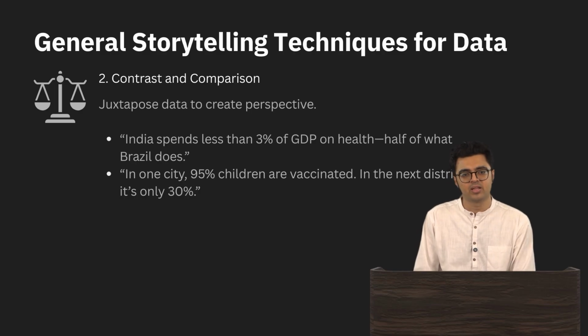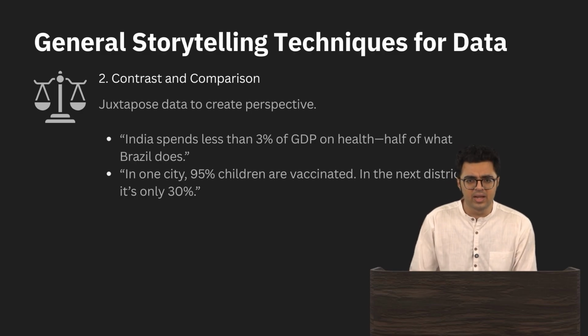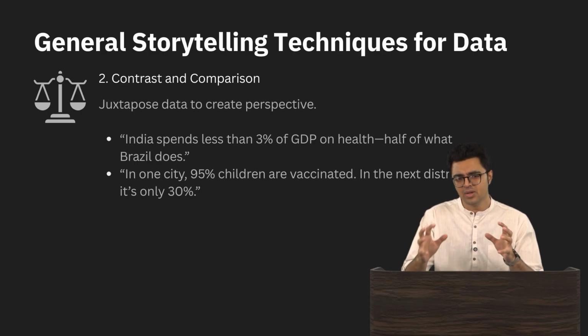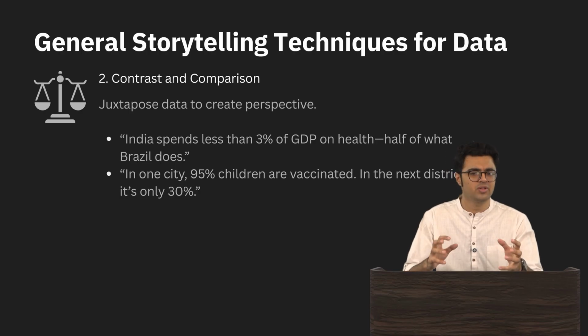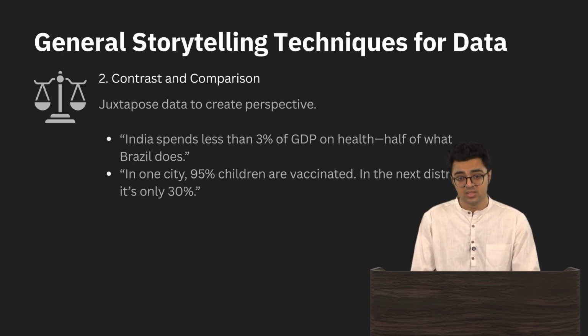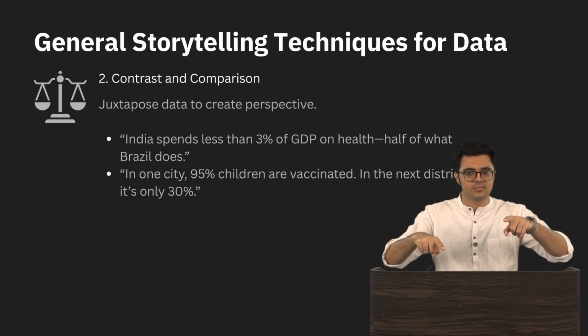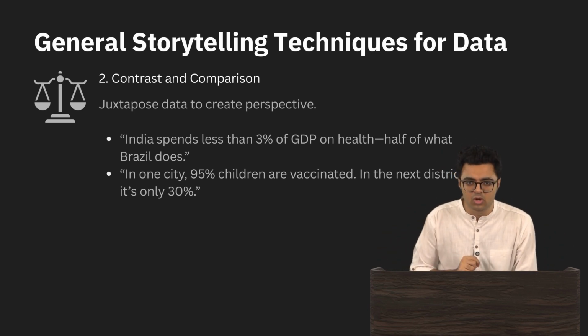The second example can be that in one city, 95% of children are vaccinated. In the next district, it is only 30%. This right here creates some kind of contrast and comparison so that the audience will be able to understand the disparity between data and the comparative nature of data.